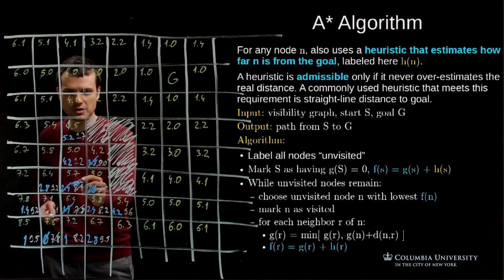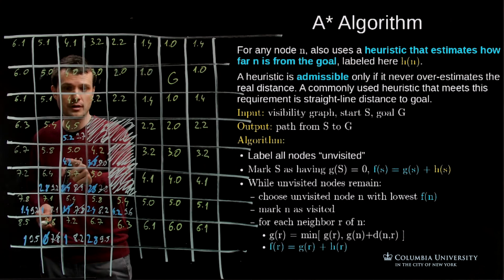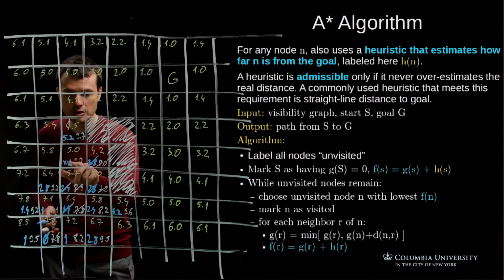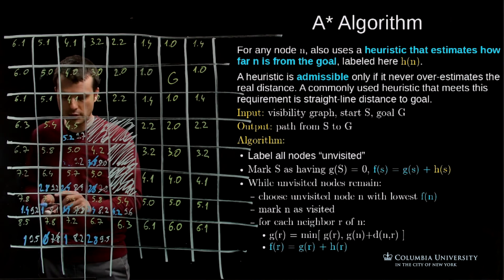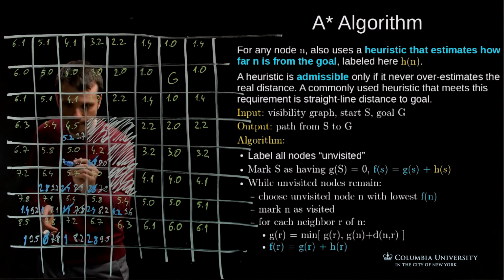update my neighbors. 2.4, interesting. Here now I find a 3.4, right? So I have a 2.4 to get to here. I have a 3.4. Here I already had a 4.2 marked, so I'm going to delete my 4.2 and replace it with a 3.4.